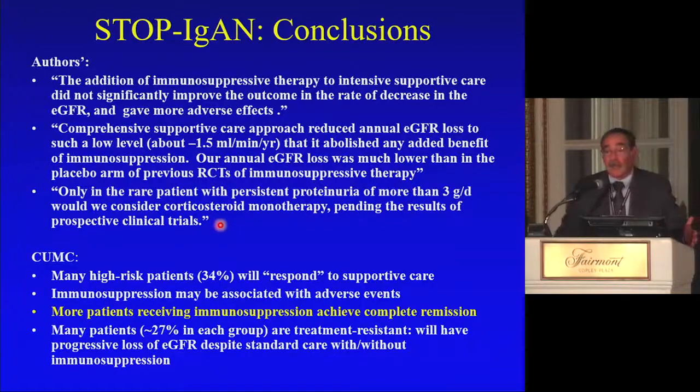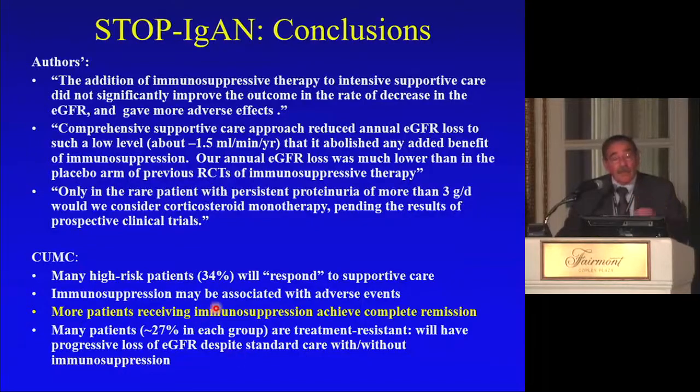We're not going to get a lot more trials that have that many patients. My take on this is actually one of my associates working at the Glomerular Center at Columbia put this together. Many high-risk patients respond to supportive care. Immunosuppression can be associated with adverse events. More patients receiving immunosuppression achieved a complete remission of proteinuria here, and some of the patients will progress despite standard care.